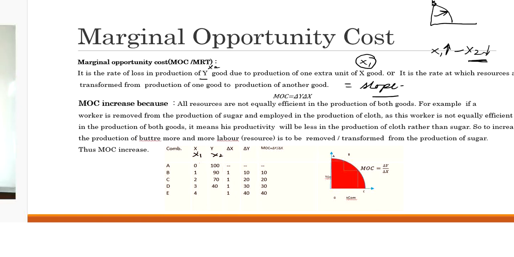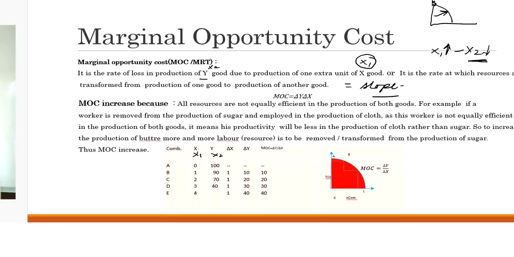Just have a look on the trend of falling production of X2. Production of X2 is not falling at the same rate. First time it falls by 10 units, second time it falls by 20 units, then by 30 units, then by 40 units. Means every time production of X2 falls more and more for one extra unit of X1.